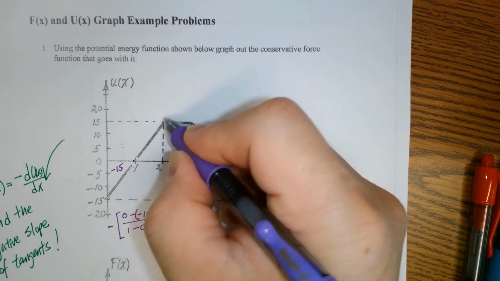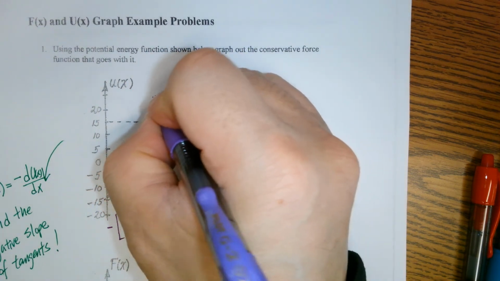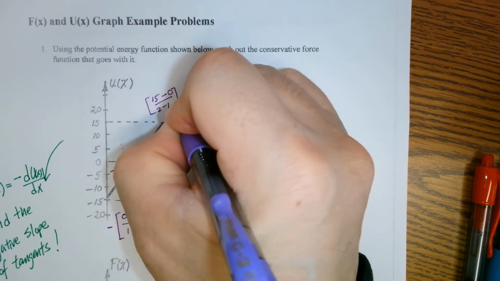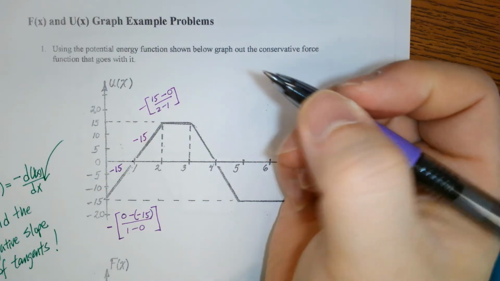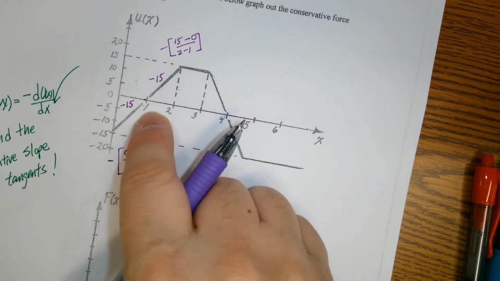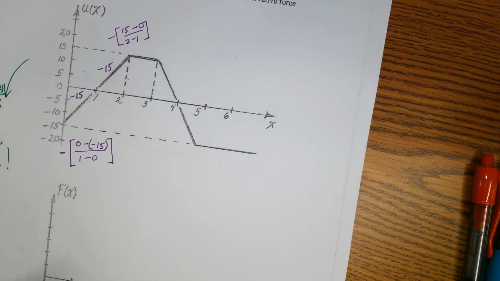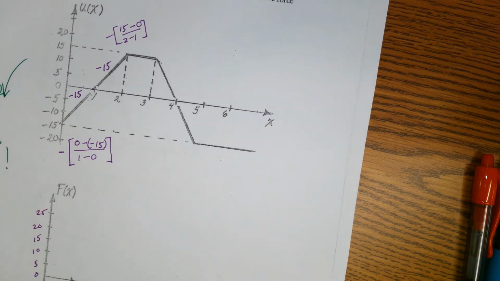Here, it looks like the same slope, right? It is 15 minus 0 over 2 minus 1, and you're going to have to negative it, and that is negative 15. So for the first 2 meters, we'll make it negative 5, negative 10, negative 15, 0, 5, 10, 15, 20, 25, and so on, right?